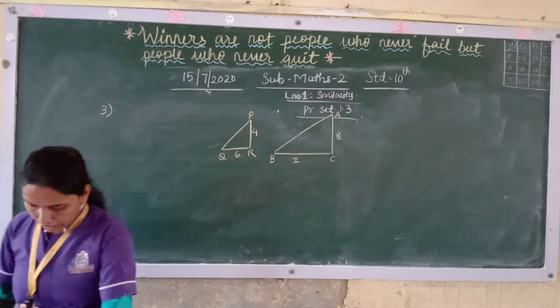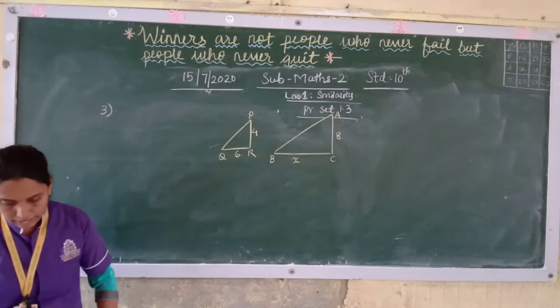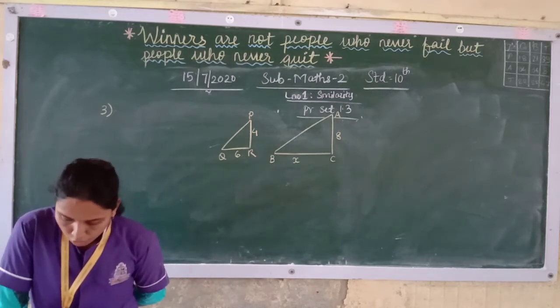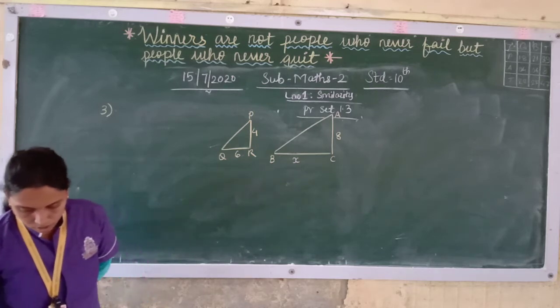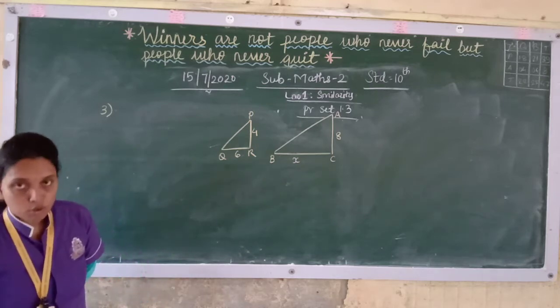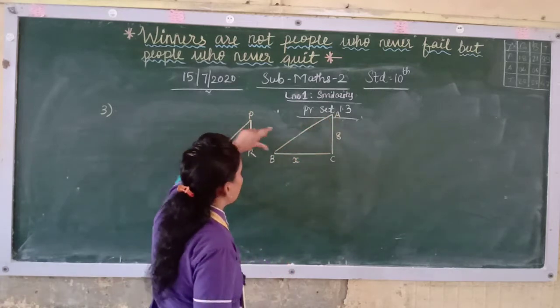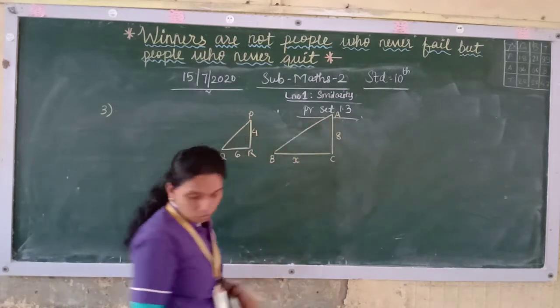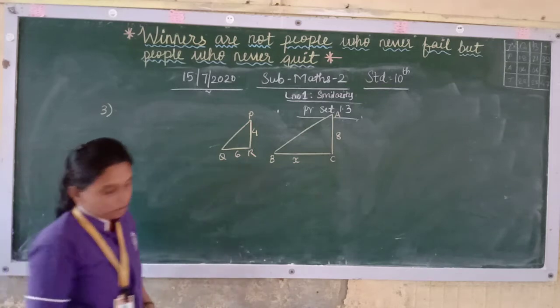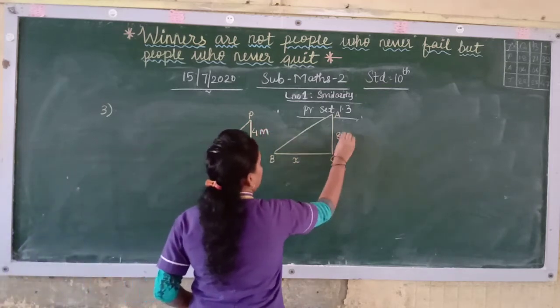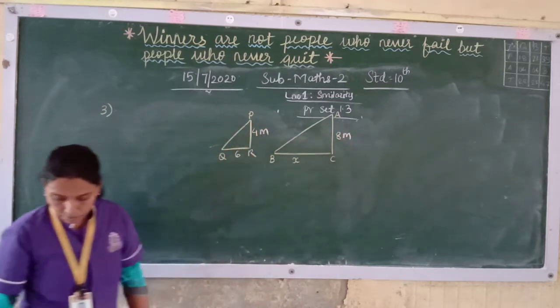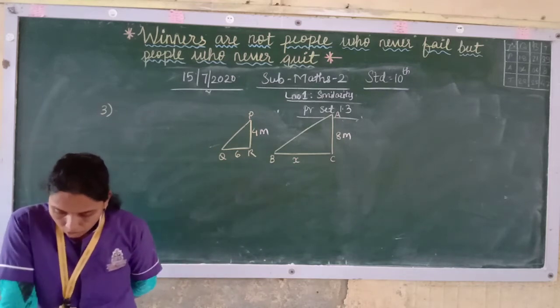Now the figure is given like this. Now they have told that there are two poles of height 8 and 4. Now see, these are the poles AC and PR, 8 meters and 4 meters.